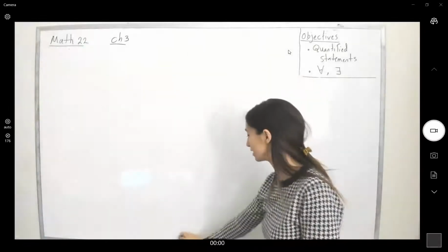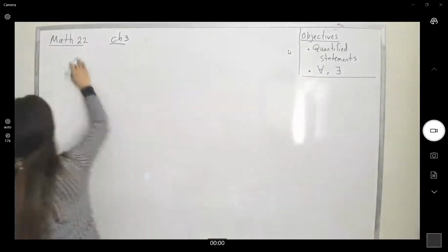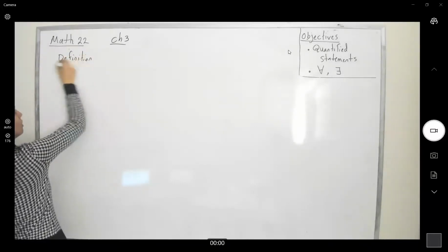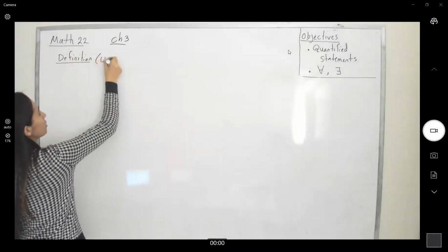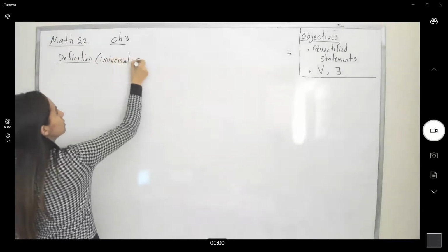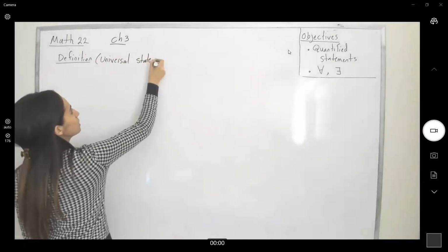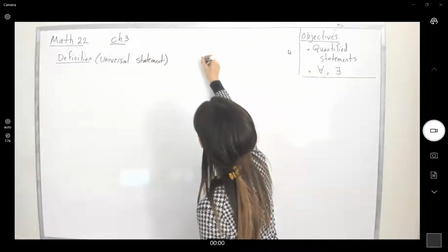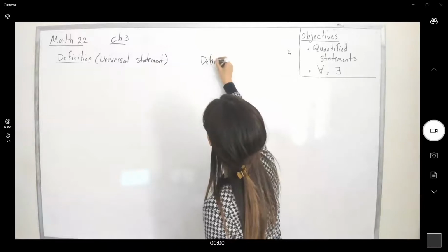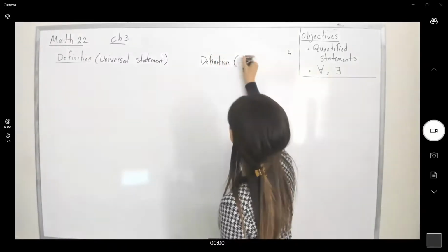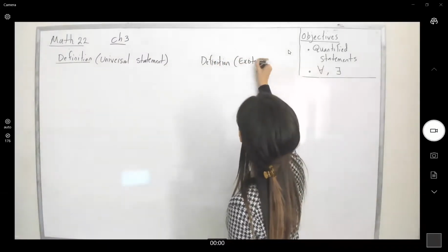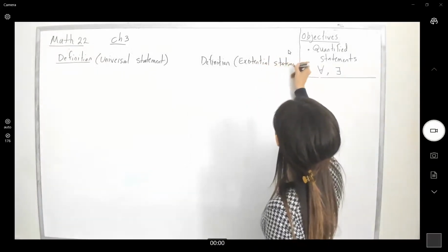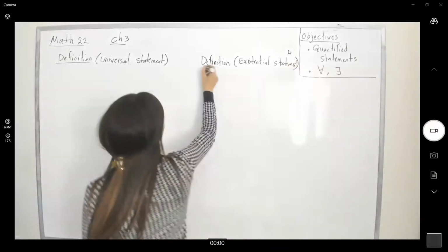So I'm going to write these side by side. The definition of a universal statement and the definition of an existential statement. Okay.